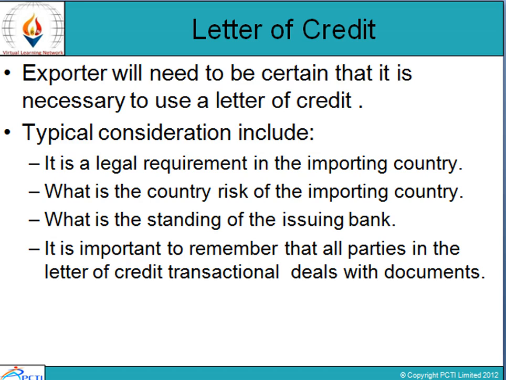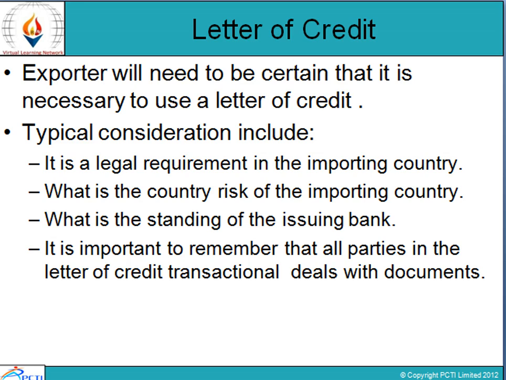Now the exporter needs to be very certain about the necessary conditions to use a letter of credit. These typical considerations include: is it a legal requirement in the importing country? Second, what is the value of the order?